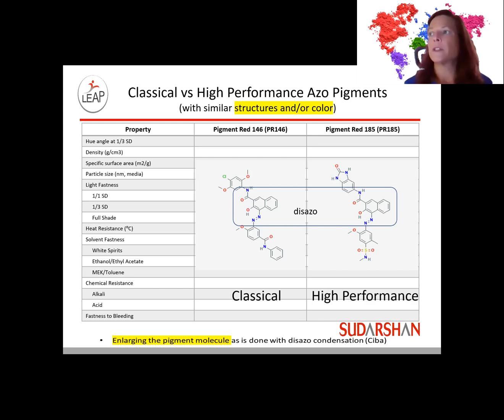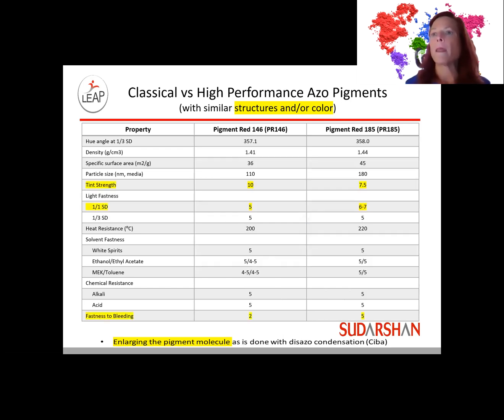How these two differences relate to technical properties is shown here, where we see an improvement in the light fastness, especially in the reduction with TiO2, and a marked improvement in fastness to bleeding, especially for plastics. The one drawback that some high performance azo pigments have with respect to their equivalently colored classical azo pigments is weaker strength.